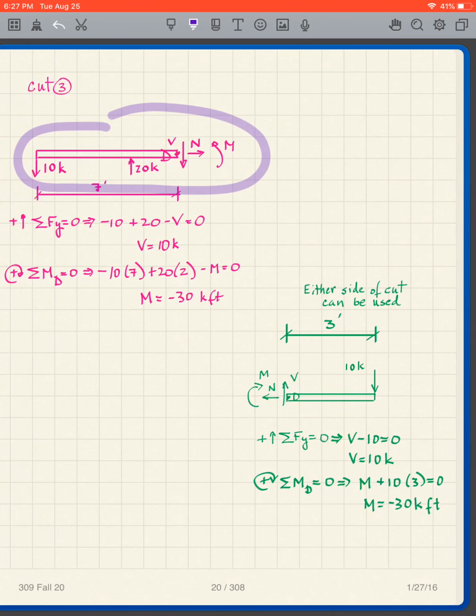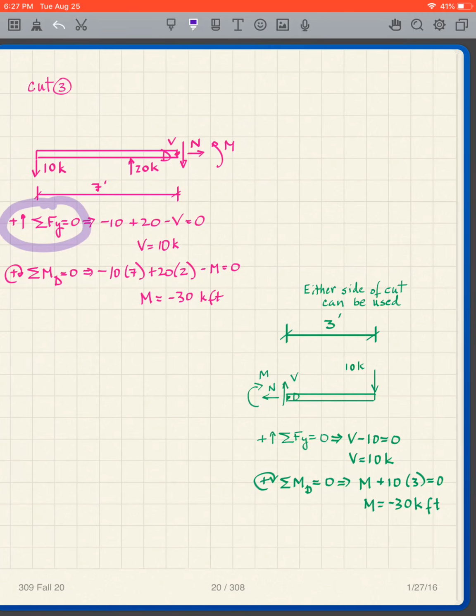So when I do my cut 3, I'm going to have my V, N, and M over there. I take the sum of the forces in the y direction equals 0. Now I've got an extra force, that 20. So I have minus 10 plus 20 minus V equals 0. I solve that for V, and I get 10 for V.